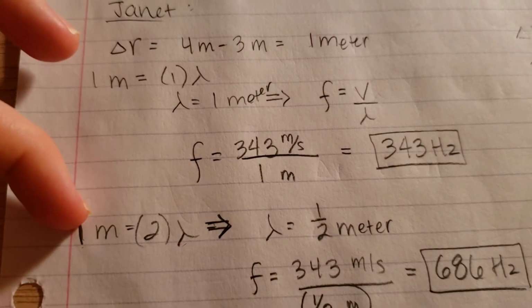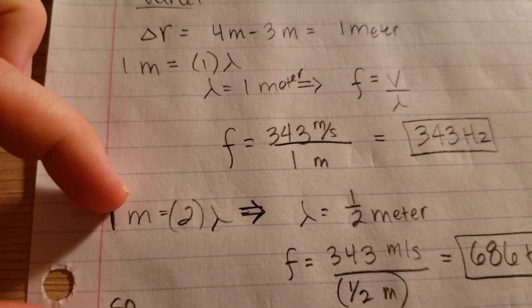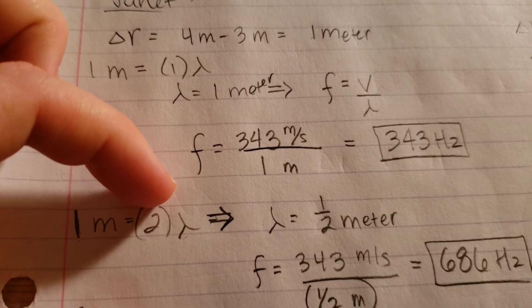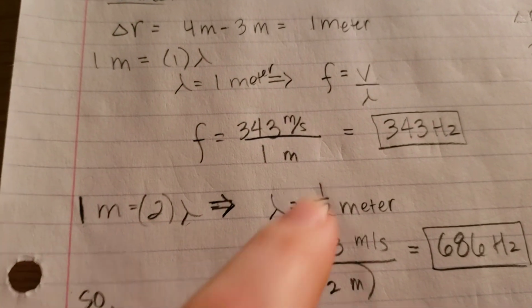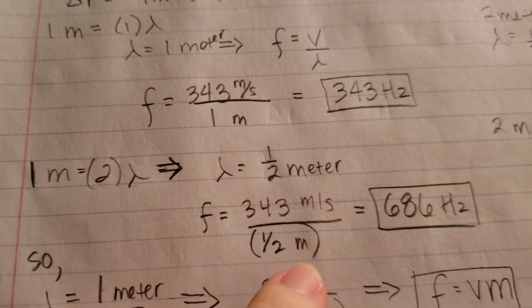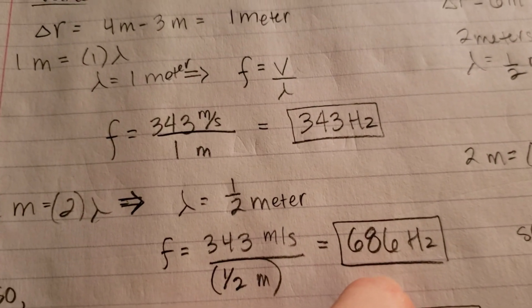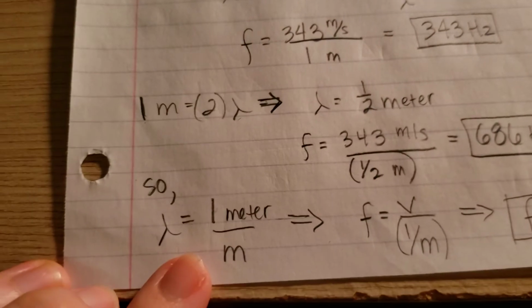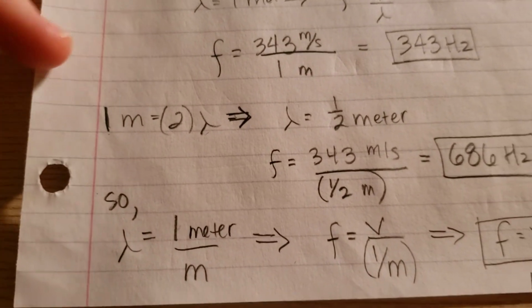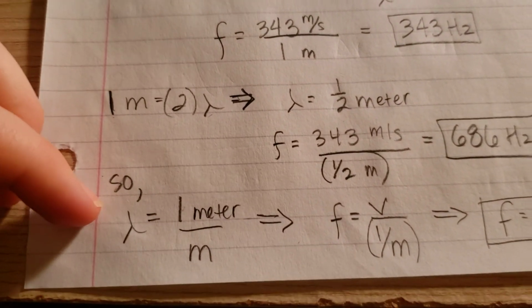Then we can do the same thing for the second mode. We have the same 1 meter equal to 2 times the wavelength, and with the same calculation, the second maximum sound intensity she'll hear is at 686 hertz, and so on. We can use a simple equation here.